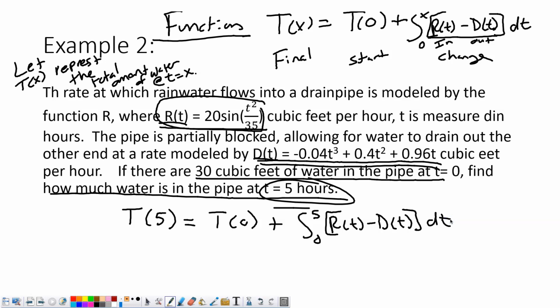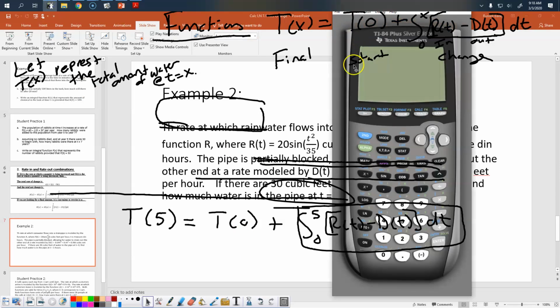So this is where our calculator is going to come in handy right here. So let's get our calculators out and do some typing here. The first thing we got to do is clear my screen, you guys.